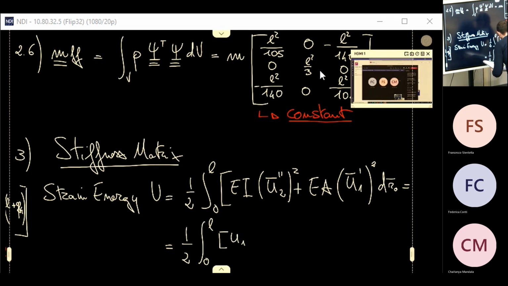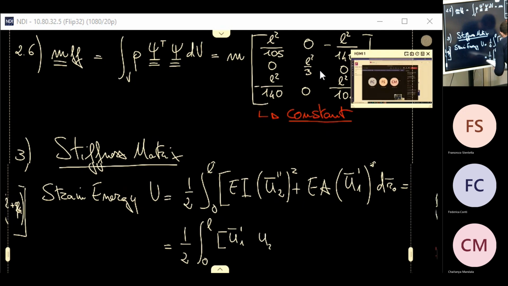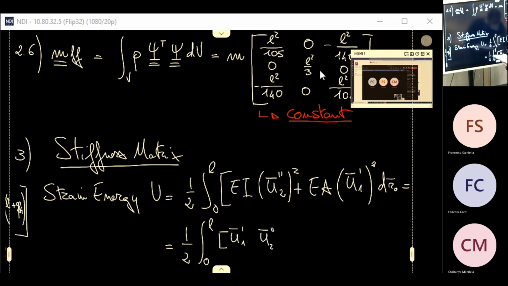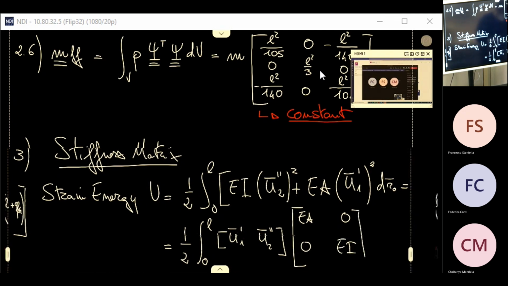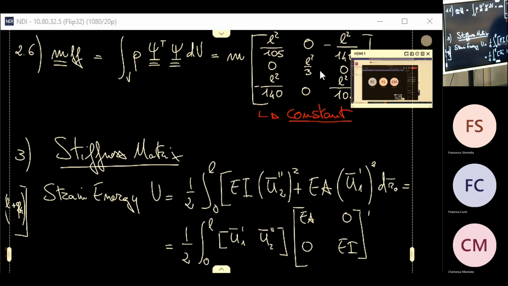U1 prime, U2 double prime, applied over the matrix EA, 0, 0, EI, multiplied again by U1 prime, U2 double prime. I've written just the same things, but in a matrix form.